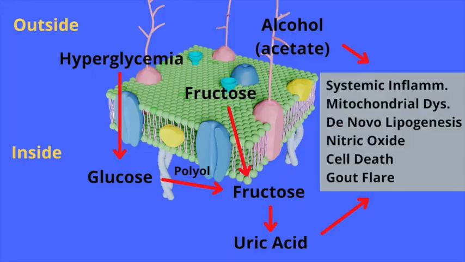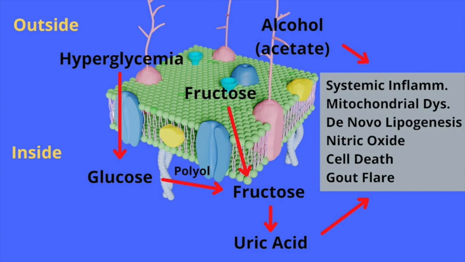The basic idea here is that the glucose enters the chondrocyte. The glycolysis pathway is completely full. We have a large pool of glucose sitting at the front end of that metabolic pathway. We have fructose entering the cell. We have activation of the polyol pathway that converts the glucose inside the chondrocyte into fructose.